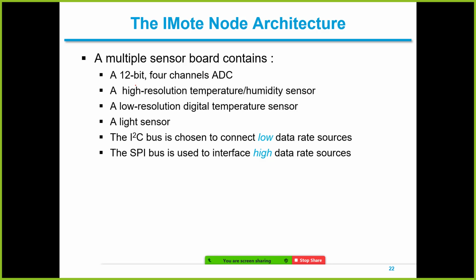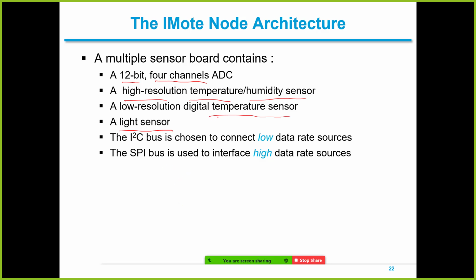This multiple sensor board contains one 12-bit 4-channel ADC, one high-resolution temperature sensor, humidity sensor, one low-resolution digital temperature sensor, and one light sensor.